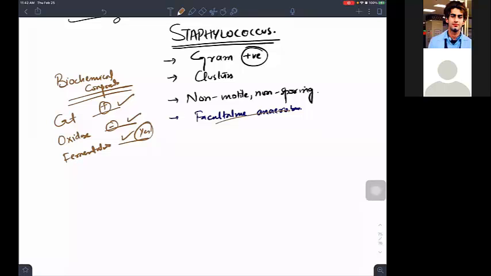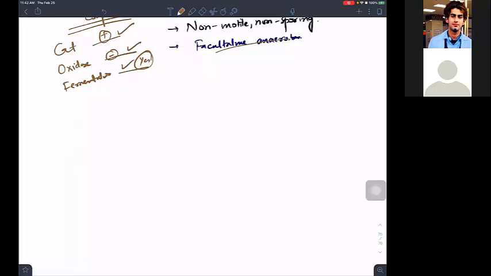Second thing to understand is we are classifying them. We are saying which staphylococcus is pathogenic and which is non-pathogenic. The coagulase test will tell me whether a staphylococcus is pathogenic or non-pathogenic.